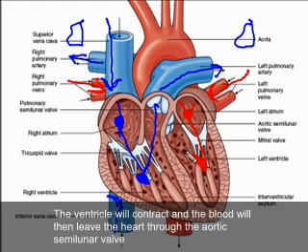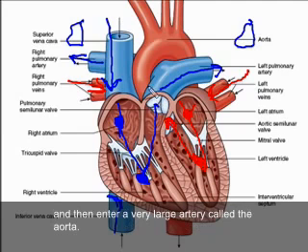The ventricle will contract and the blood will then leave the heart through the aortic semilunar valve and then enter a very large artery called the aorta.